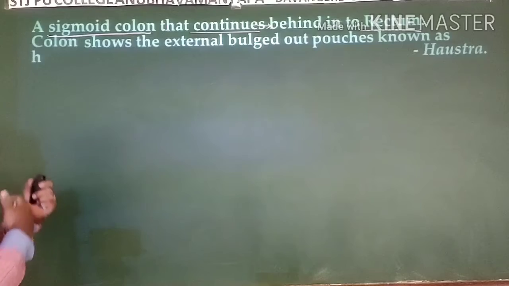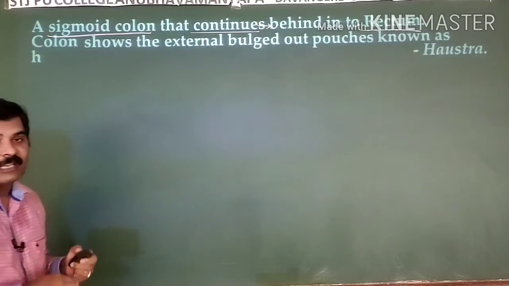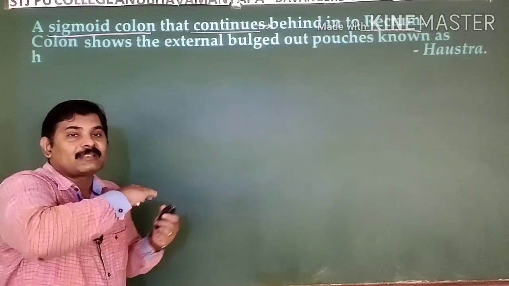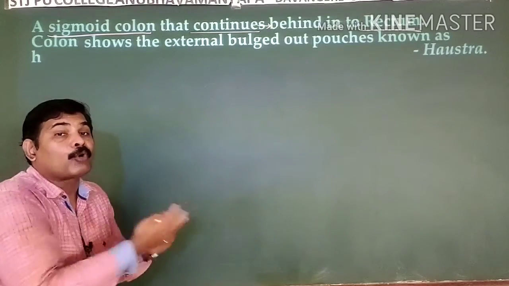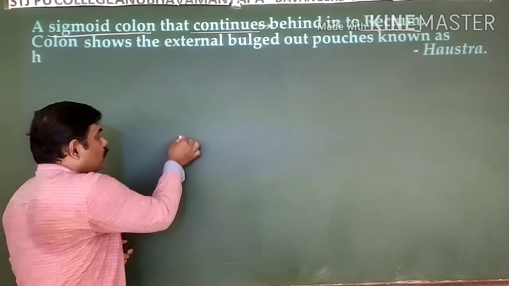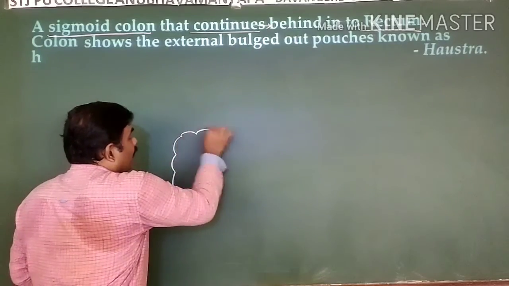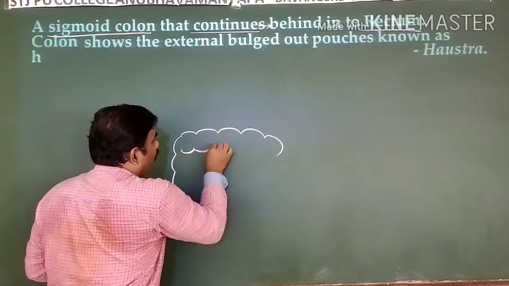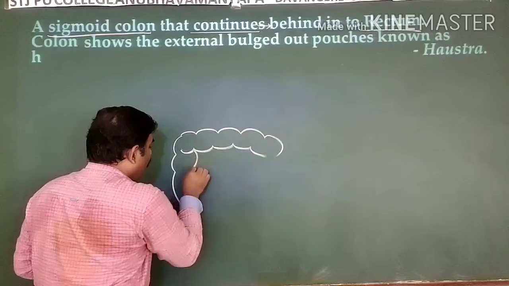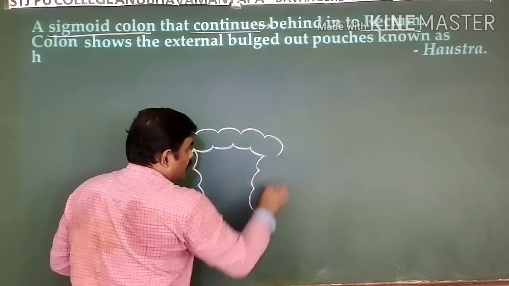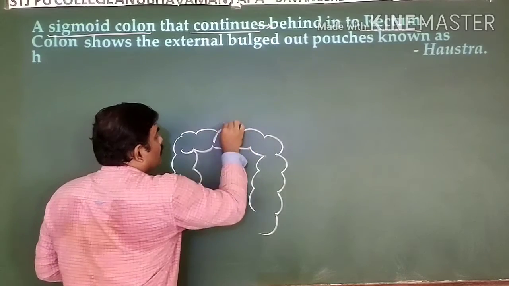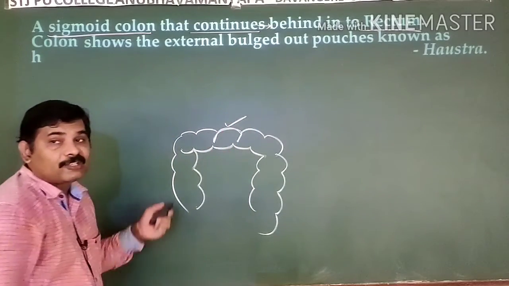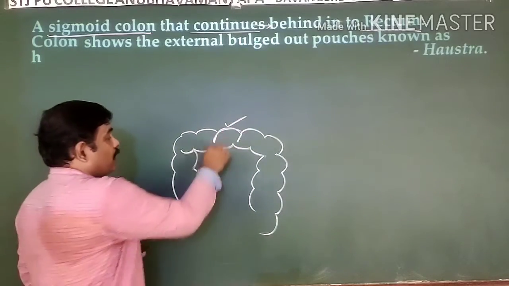Then, when you see the surface of this colon, you can see external bulged portions or pouch-like structures. Whenever I draw the picture of the colon, I draw it like this. There you can see some external bulged pouch-like structures.